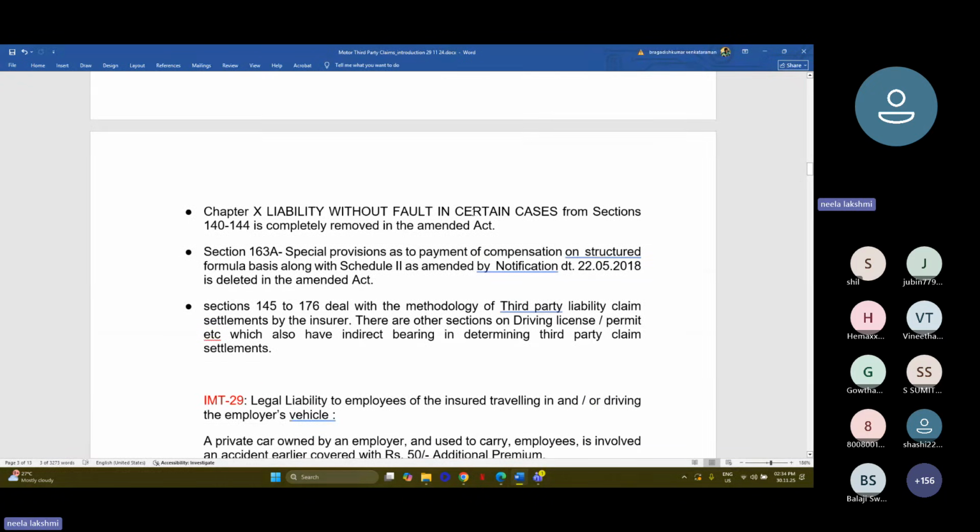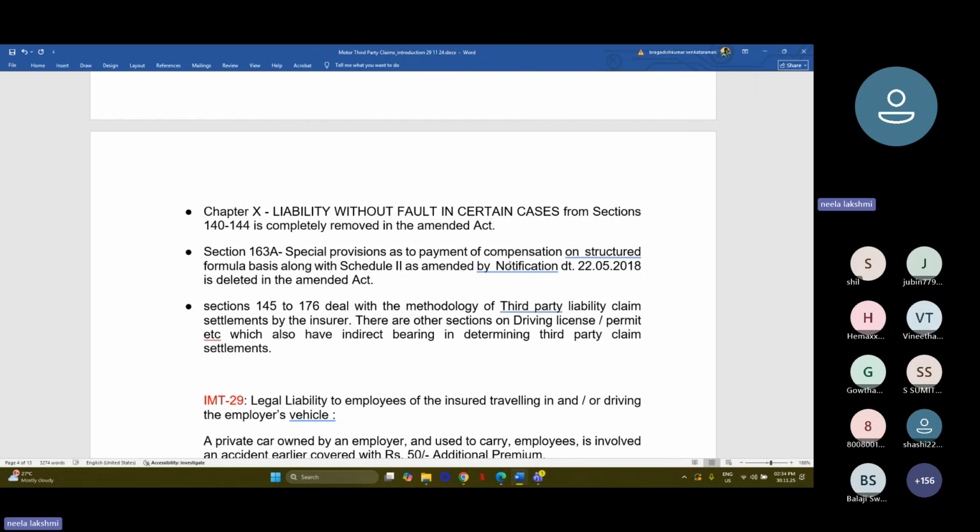Chapter 10, liability without fault in certain cases, sections 140 to 144, has been completely removed in the Amended Act 2019, having found a place in the earlier Act 1988. This Chapter 10 was also a guiding factor earlier.